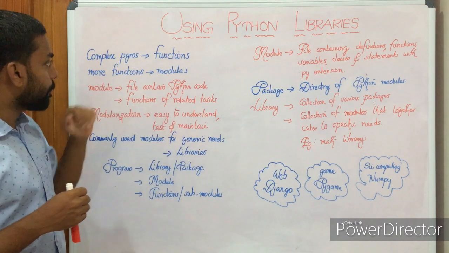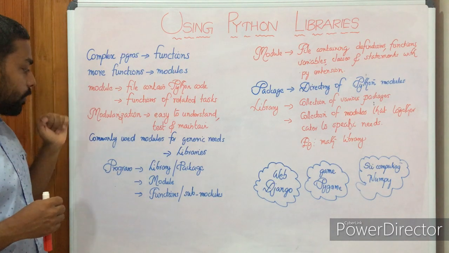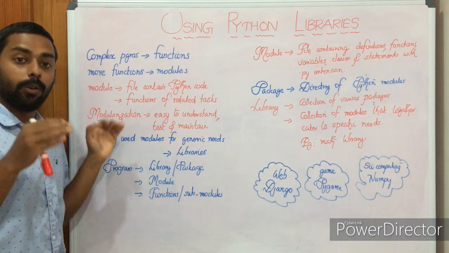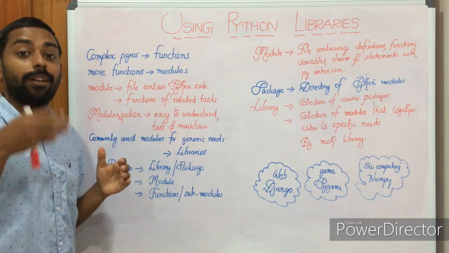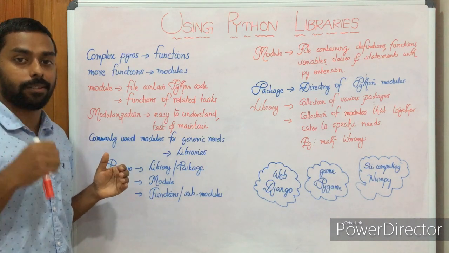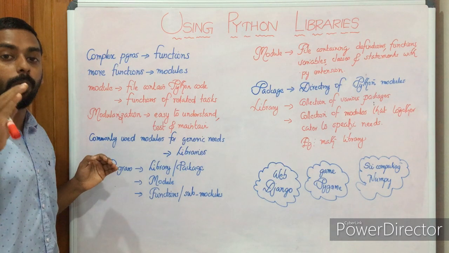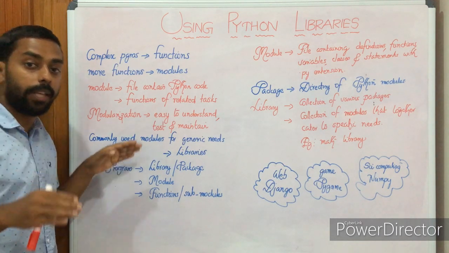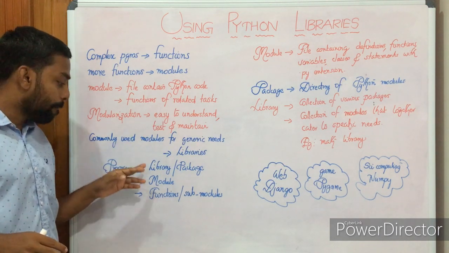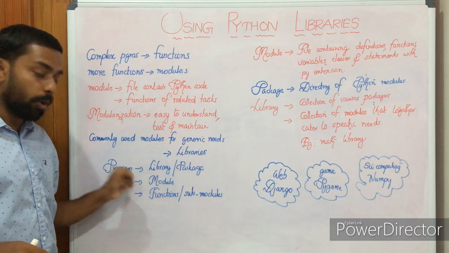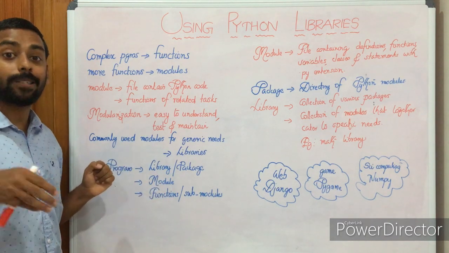These are some of the things related to functions, and we have some commonly used modules for generic purposes, called libraries. Every Python program consists of these three components: packages or libraries, modules, and functions or submodules.